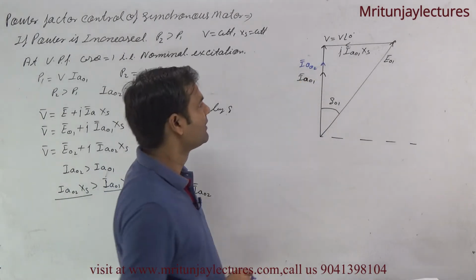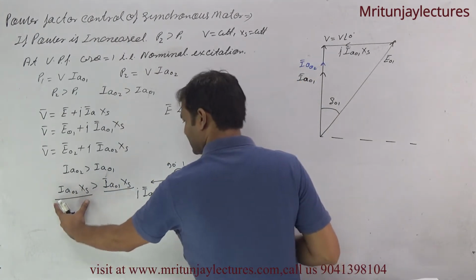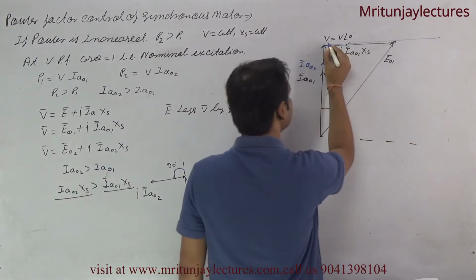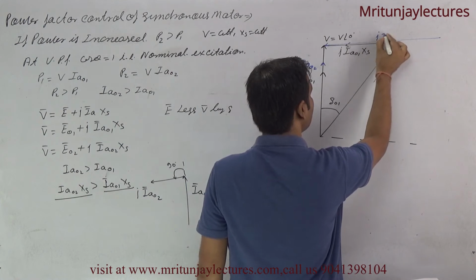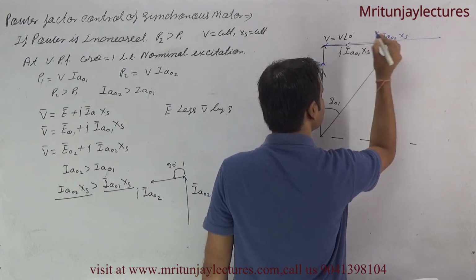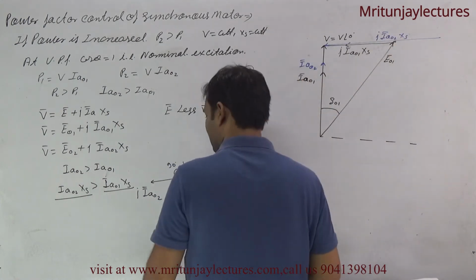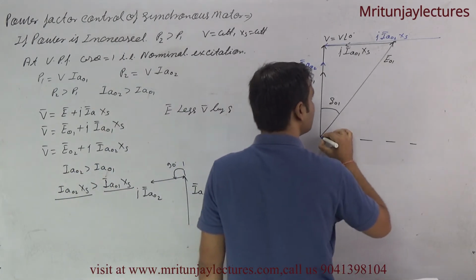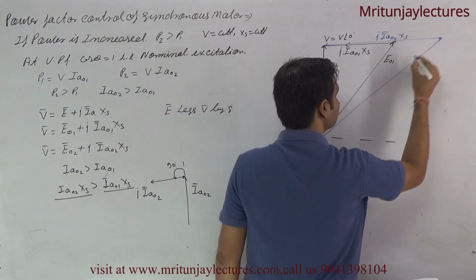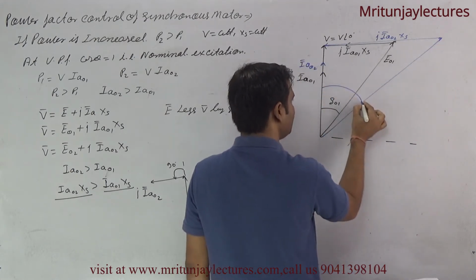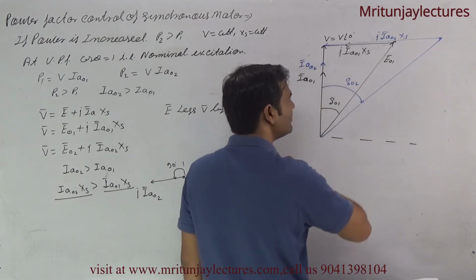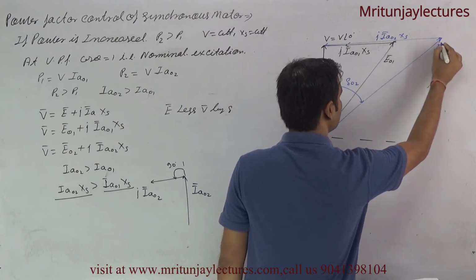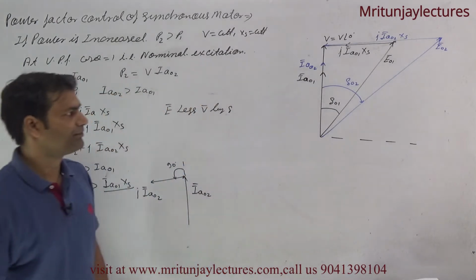Now corresponding to this concept you can make j IA02 into X. And if you want to draw E02, it is represented like this, at the angle delta 2, and it is written as E02.